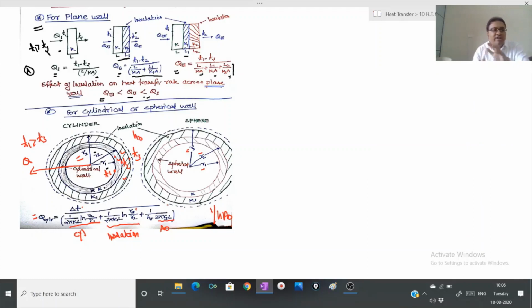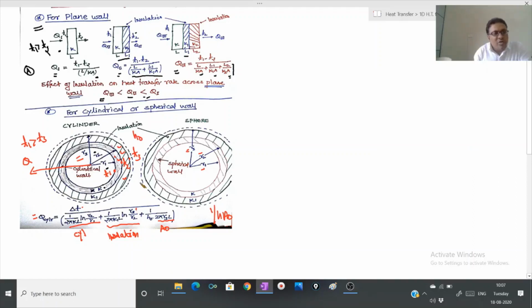Now what will be the effect of this insulating material on the heat transfer rate? That we need to investigate. As you can see here, R3 is the outer radius of the insulating material.